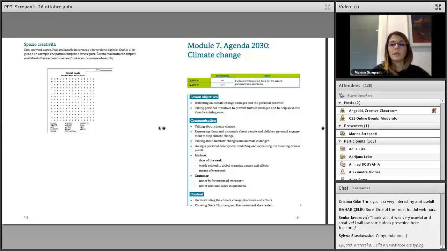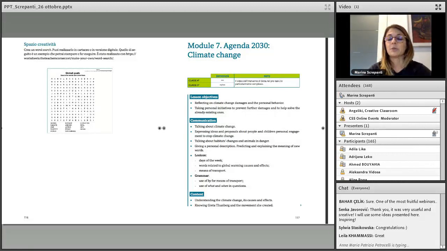Okay, this part has the lesson objectives. For example, in climate change, I wrote reflecting on climate change damages and the personal behavior, talking about personal initiatives to prevent further damages and to help solve the already existing ones.